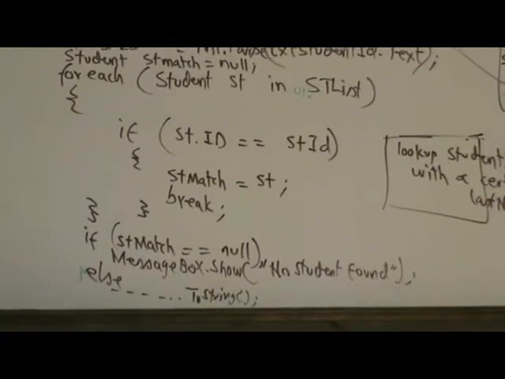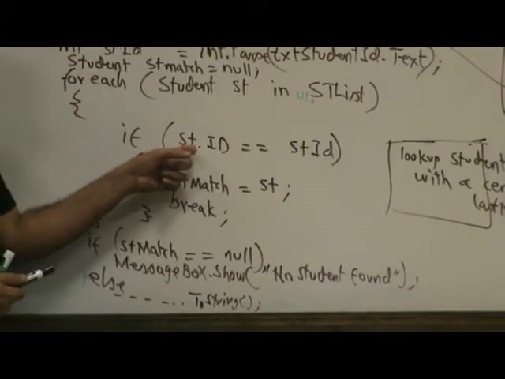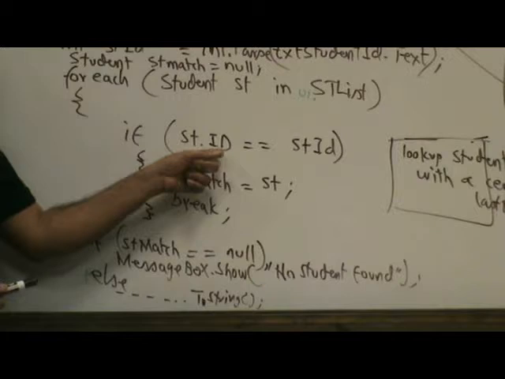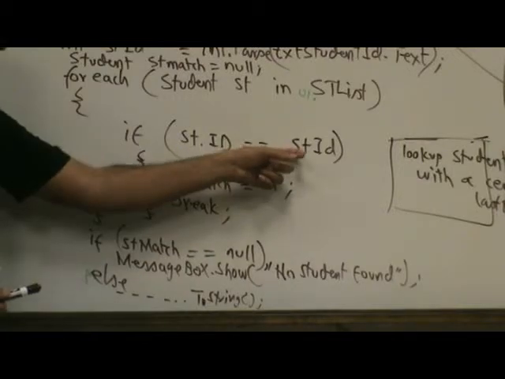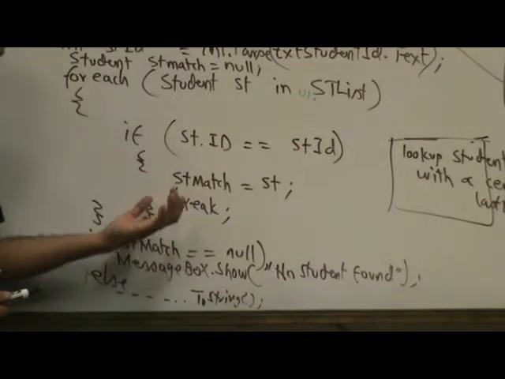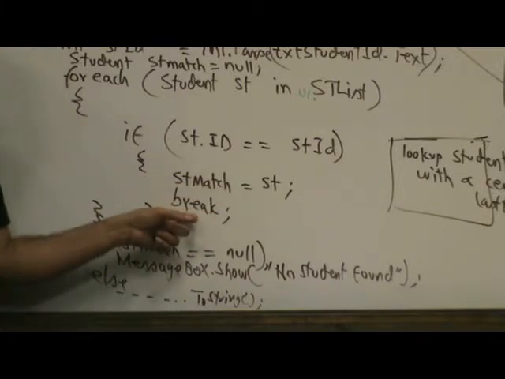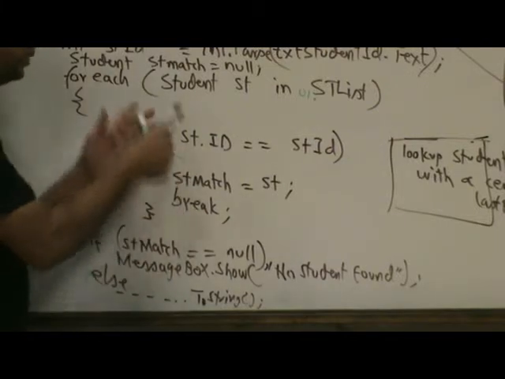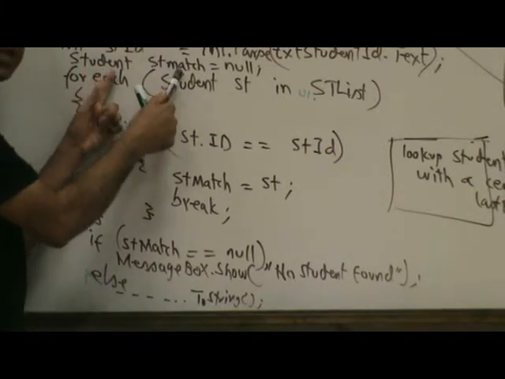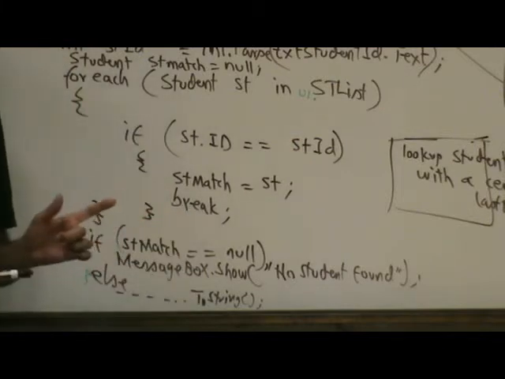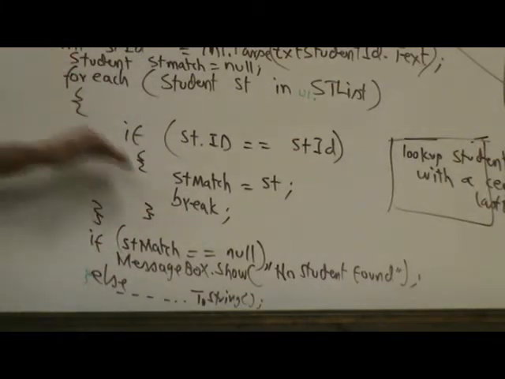It needs an array, so this will basically become st dot last name equal to, right? If we break out of the loop, then it will only return the top student, right? Otherwise, we can create a match list over here and keep adding to the match list, which will be an array list.